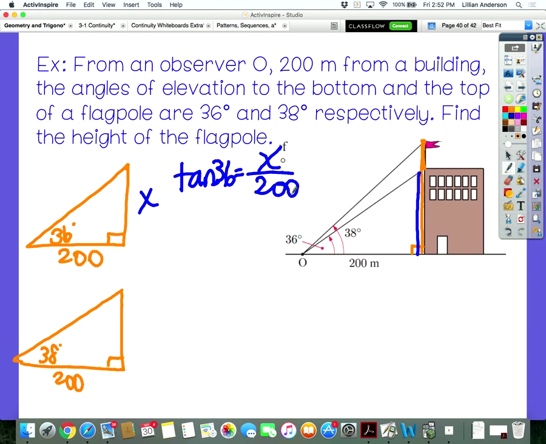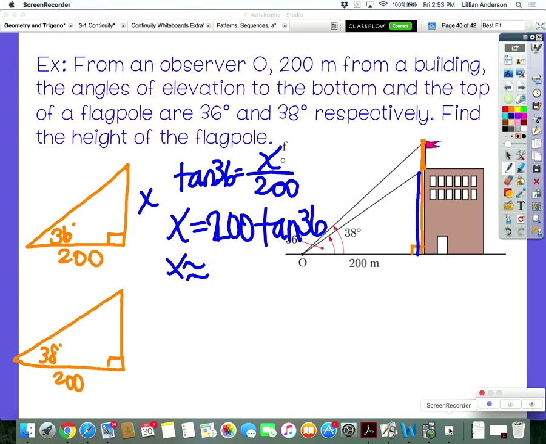Now to solve for x, we're going to divide 200 by tangent 36. Multiply. And we get a value of around 360.